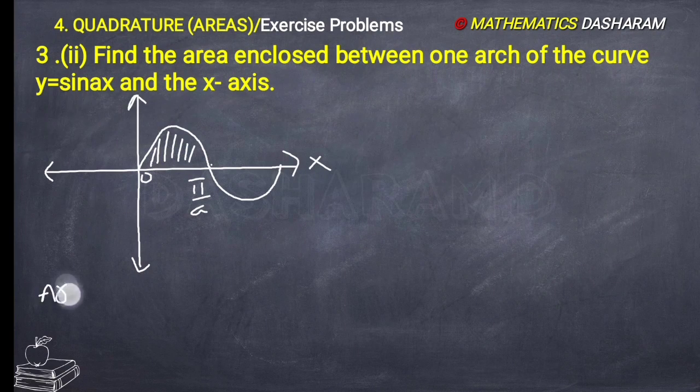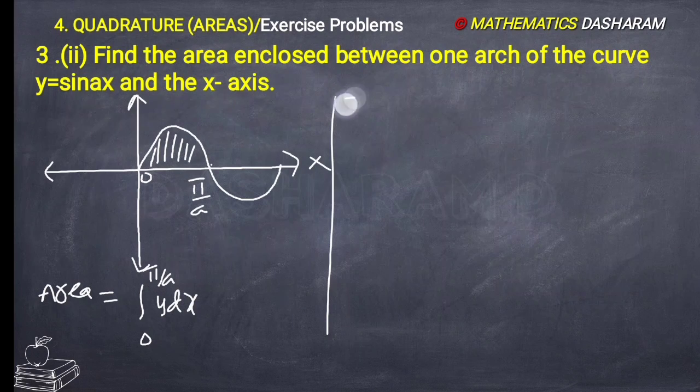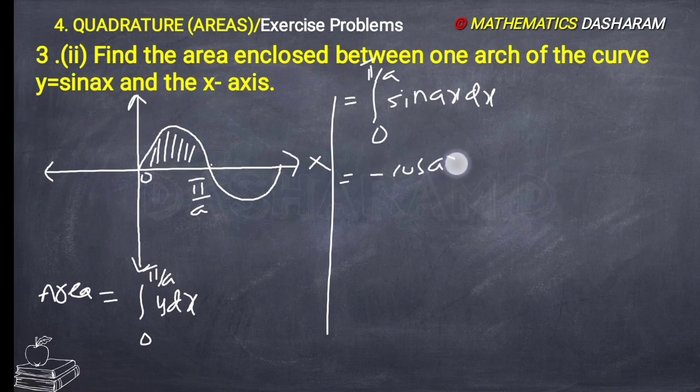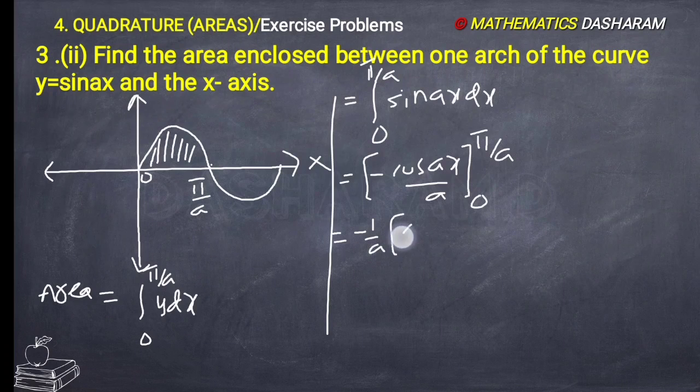So the area equals integration 0 to pi by a, y dx. So it is equal to integration 0 to pi by a. Your y value is sine ax dx. Sin ax integration is minus cos ax divided by a, from 0 to pi by a. Here minus 1 by a is a constant, so cos ax from 0 to pi by a. Now substitute the limits.